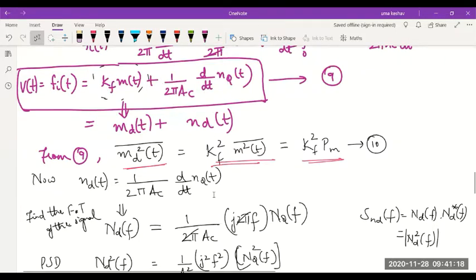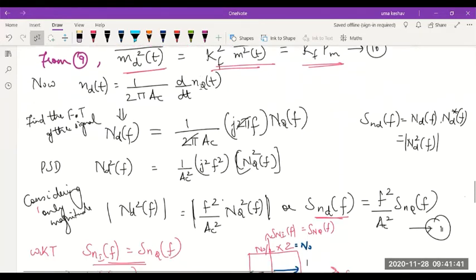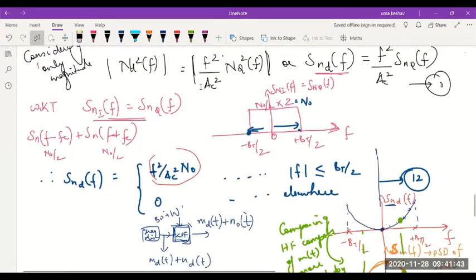All this lengthy exercise we did to find the final noise power. This noise power we had to determine correctly due to this noise signal, for which we had to find the frequency spectrum, then power spectral density, then limited bandwidth area under the curve, everything. So we know the signal power is kf square pm.